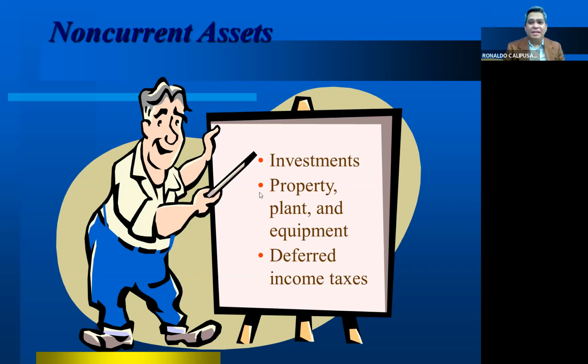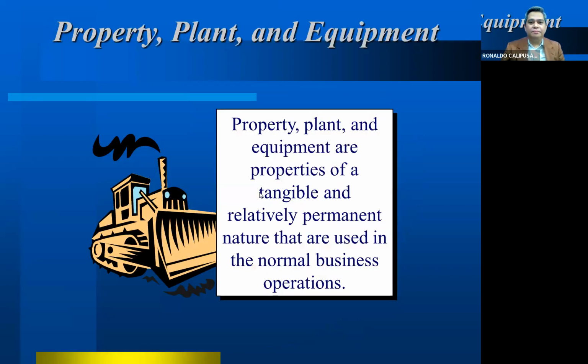Of course, the government will not refund you with cash. Normally there's an extended period of time where you can offset your excess payment of taxes versus your tax payable. So again, longer than 1 year. These are examples of your property, plant, and equipment.